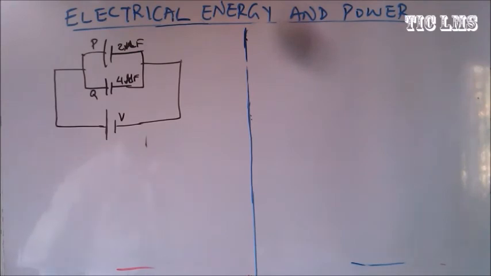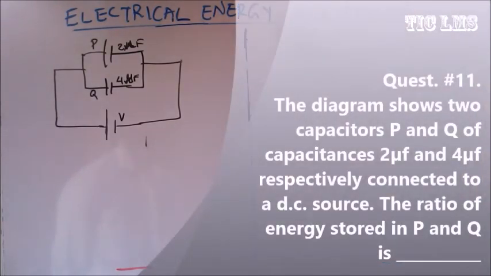This next question says the diagram shows two capacitors P and Q of capacitances 2 microfarad and 4 microfarad respectively, connected to a DC source. The ratio of the energy stored in P to Q is dash.